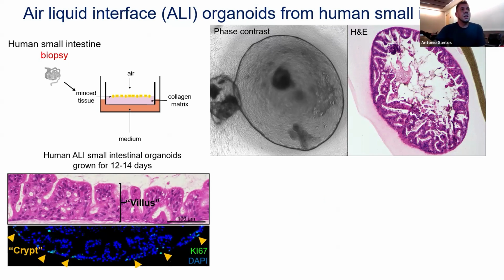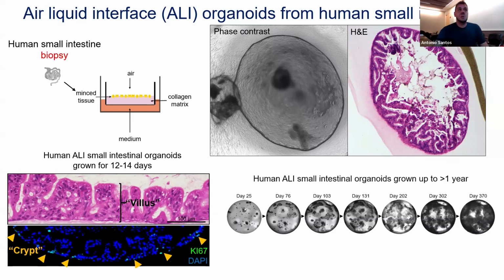Also in this photograph here at the bottom, I have in green proliferative cells. So the cells not only are recapitulating the morphology of the small intestine, but they're also dividing, they are increasing in numbers. So it's a system that is thriving. And it's all in vitro, from the tissue of the person that it came from.